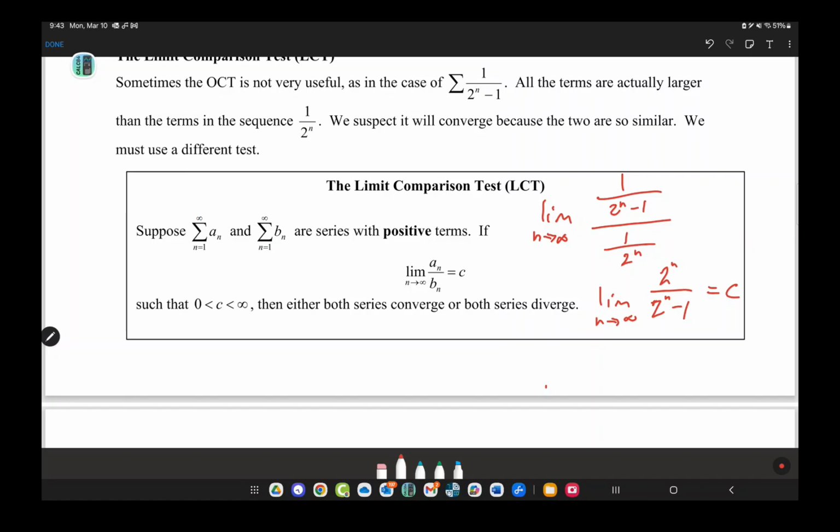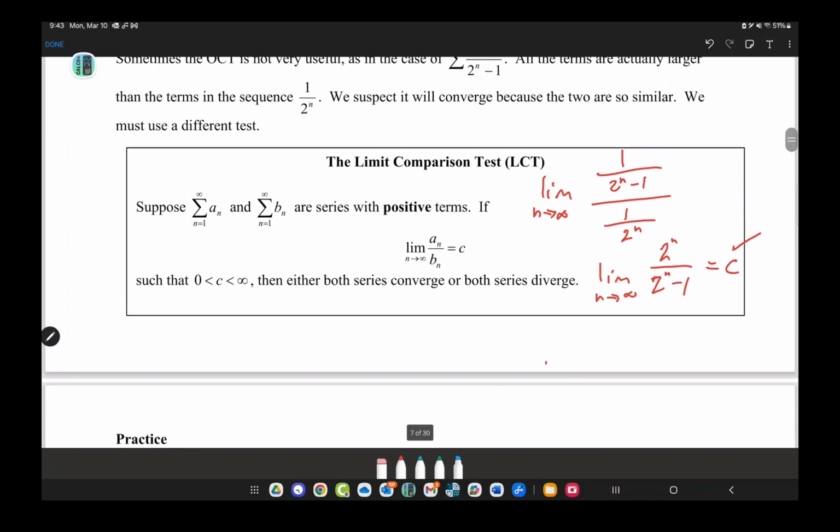So in this case, it is reaching a constant. Now this means both series either converge or diverge. What do we know about 1 over 2 to the power of n? It converges, which means 1 over 2 to the power of n minus 1 must also converge. So basically, we can use this in any case. If one converges, then the other one must converge. If one diverges, the other one must diverge, as long as the limit as n goes to infinity of an over bn goes to a constant.